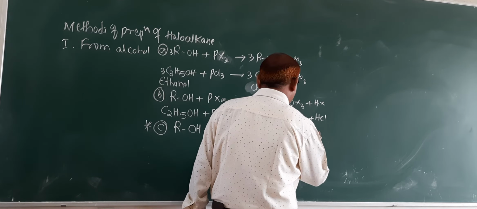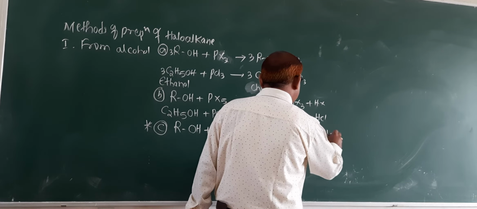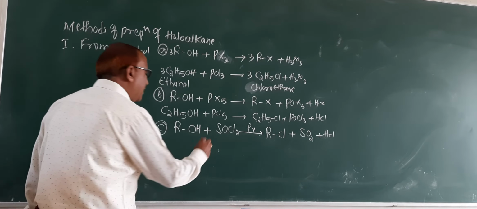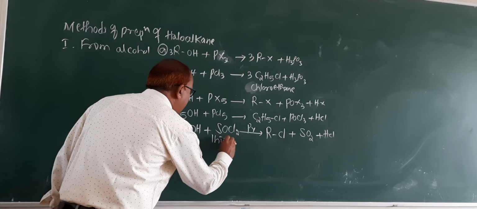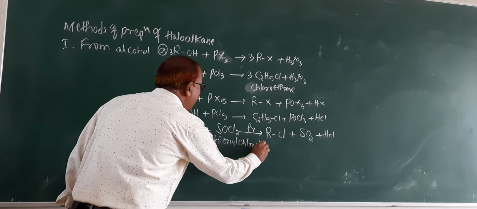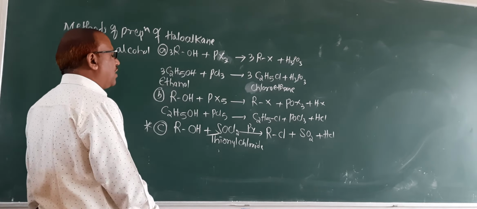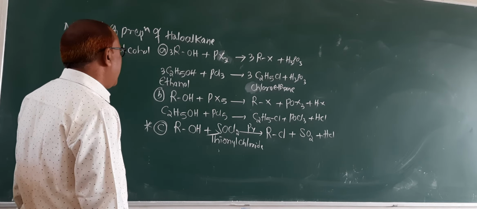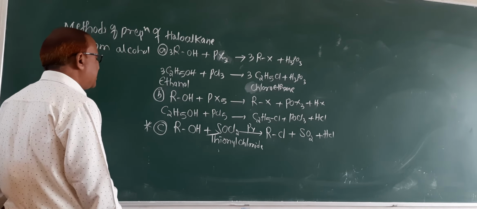Then with the removal of sulfur dioxide and HCl, you will get the chloroalkane. When alcohol is heated with thionyl chloride in presence of pyridine catalyst, it gives chloroalkane. This process is called Darzens process.